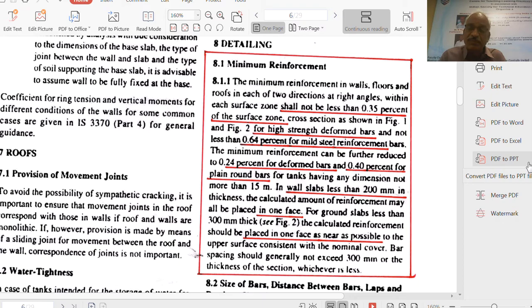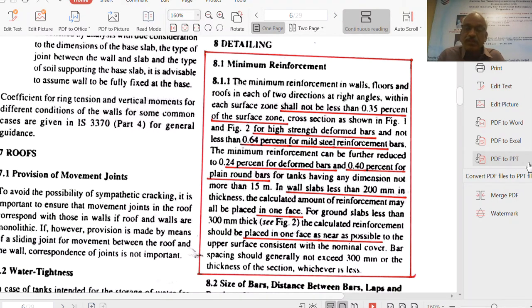I am just introducing. So for high strength deformed bars, it is 0.35%. And for mild steel, it is minimum 0.64%. So not like RCC, the usual structural design, right? So 0.64% for mild steel bars.